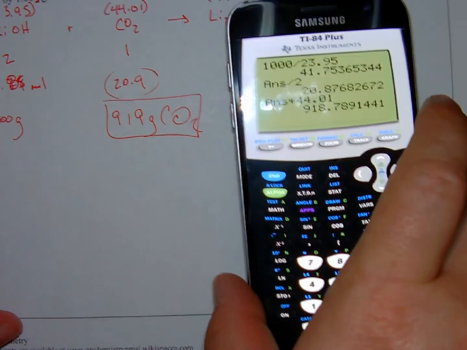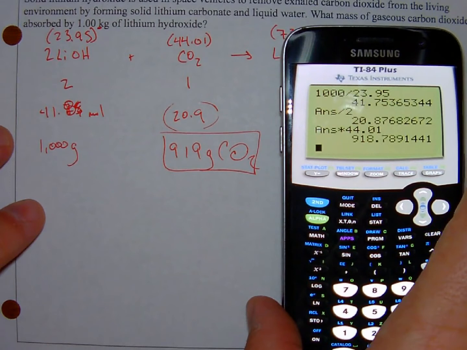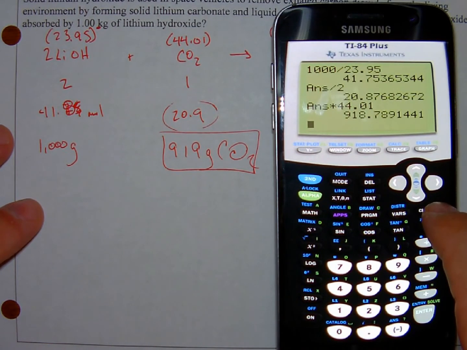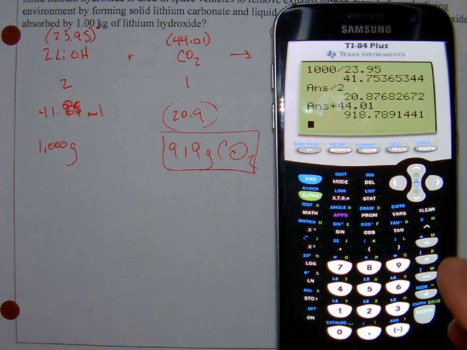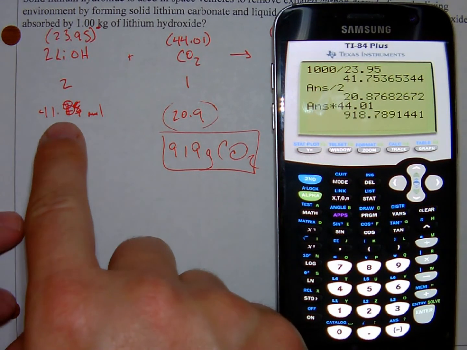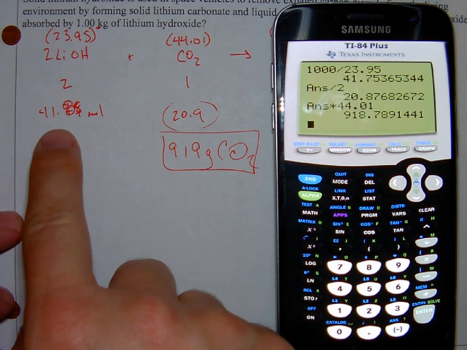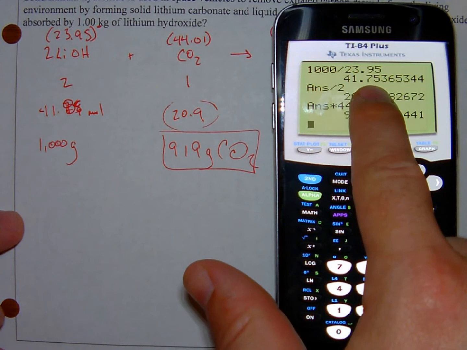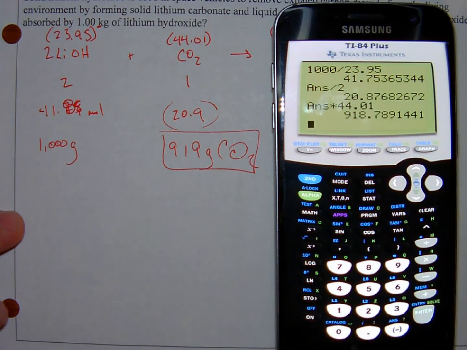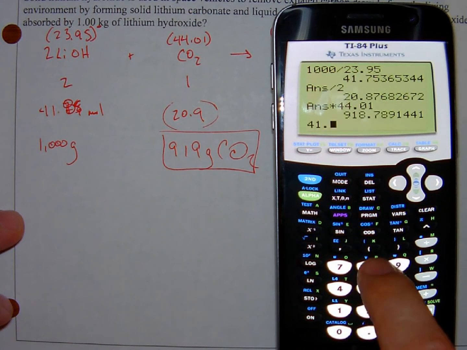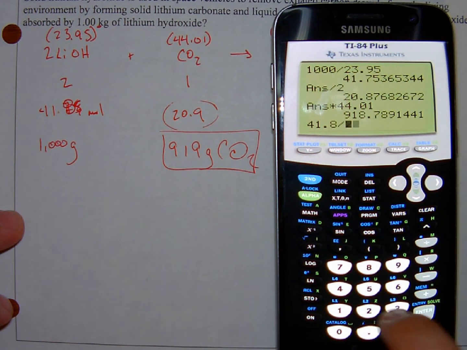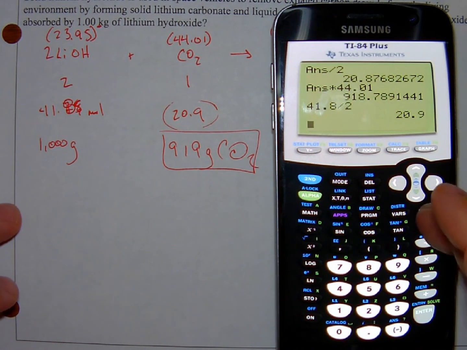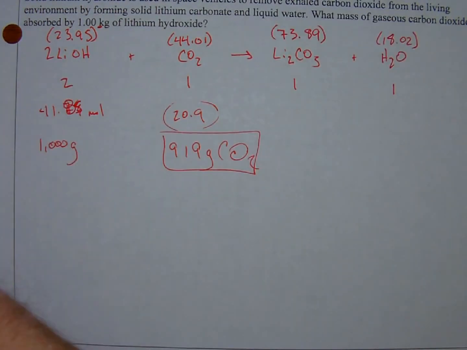Let me just double check something to see if we can figure out where that 1 value disappeared to. Because I incorrectly said this should have only had 3 significant figures, but I kept all that in there. What if I went 41.8 divided by 2? No, that wouldn't be the exact same. But I would still get full credit, so hopefully you can take my word for that one.